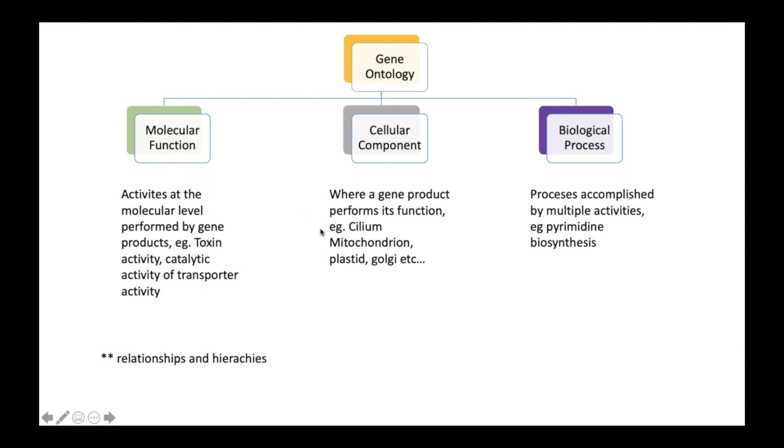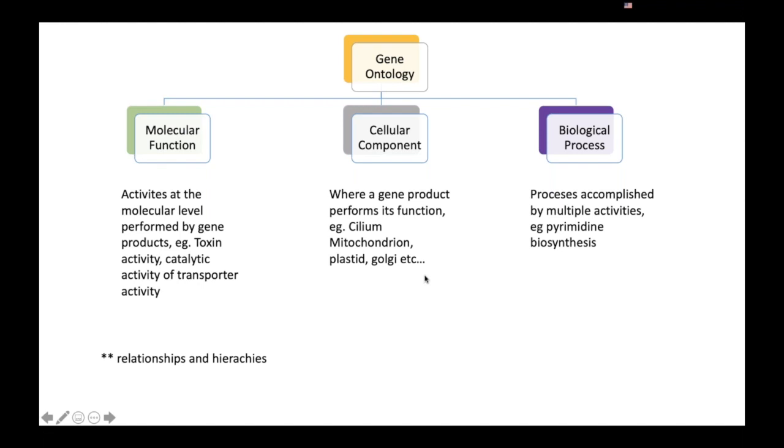For example, the word cilium is also often referred to as flagellum, depending on your domain. These are all things that a Go ontology helps with: making sure that you're talking about the same component or category when you're discussing function or cellular component or biological process.